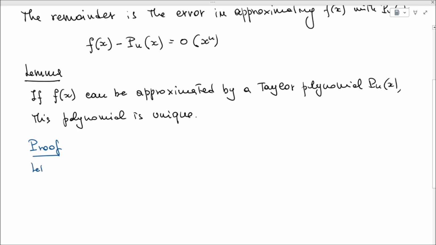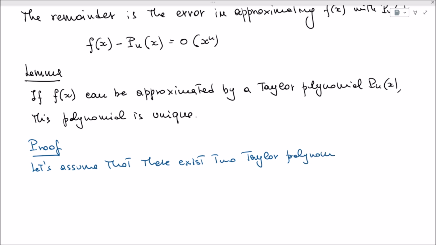So let's assume that there exist two Taylor polynomials, let's say Pn of x and Qn of x, right?